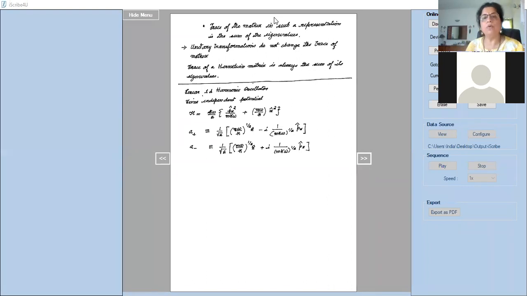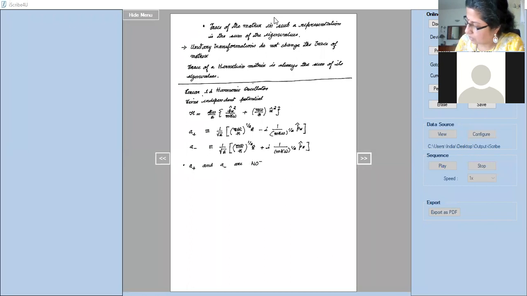Now, what did we do in the last class? Our basic idea was to understand these two new operators, what they do, and why it helps us. First of all, we realized for ourselves that a plus and a minus are not Hermitian.